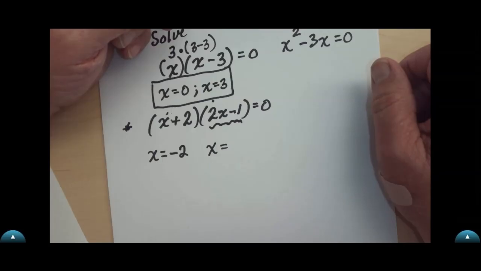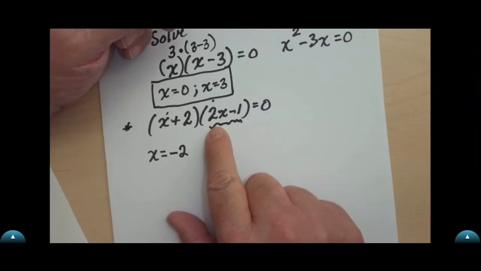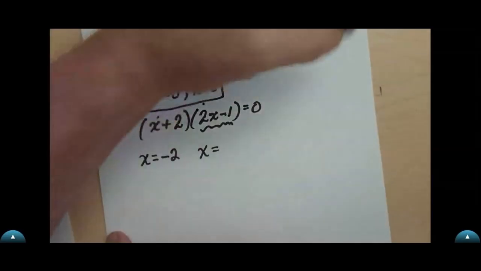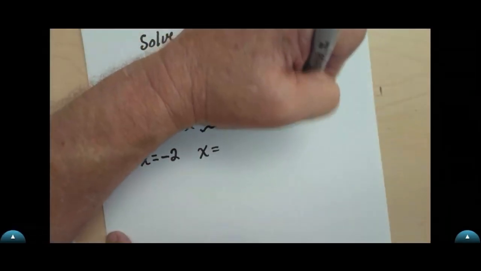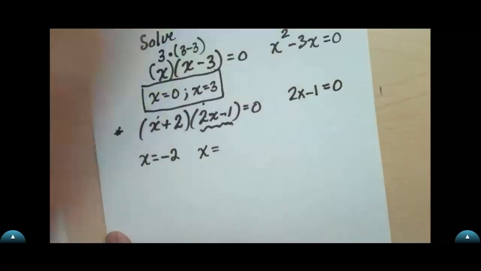Well, if you don't just look at it and see, think about this. I need to know what value of x makes 2x minus 1 equal 0. Let me say that again. I need to know what value of x makes 2x minus 1 equal 0.